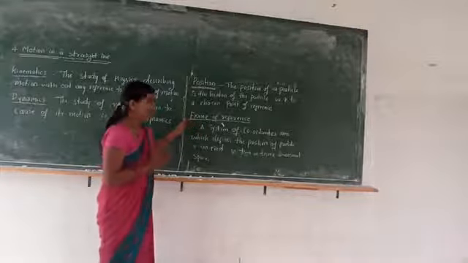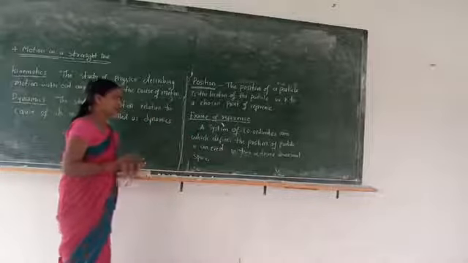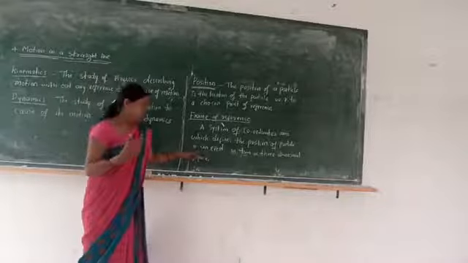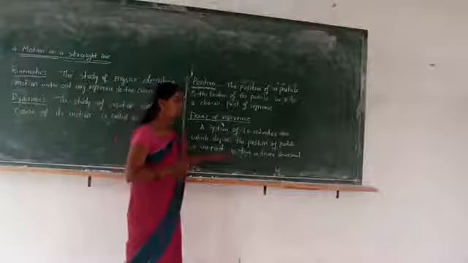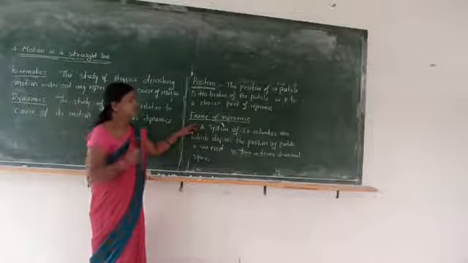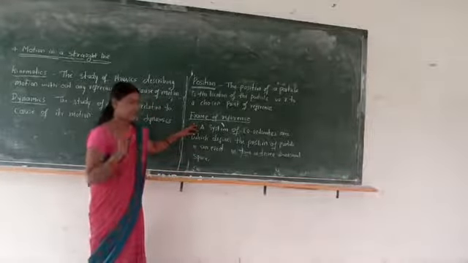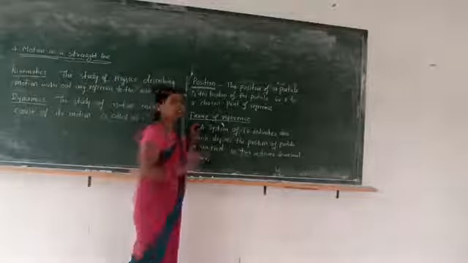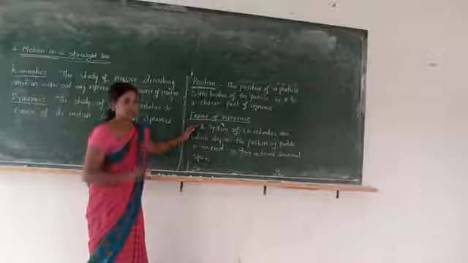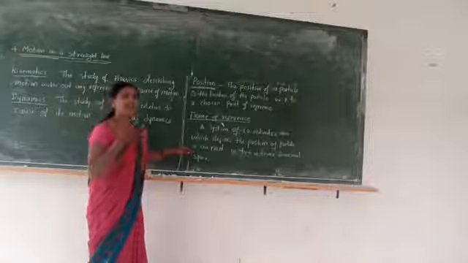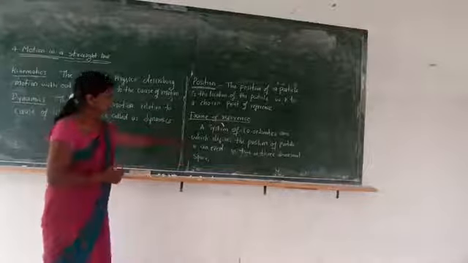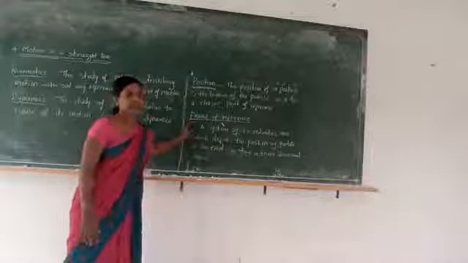A frame of reference is a system of coordinate axes which defines the position of a particle or an event in two-dimensional or three-dimensional space. This is about frame of reference.